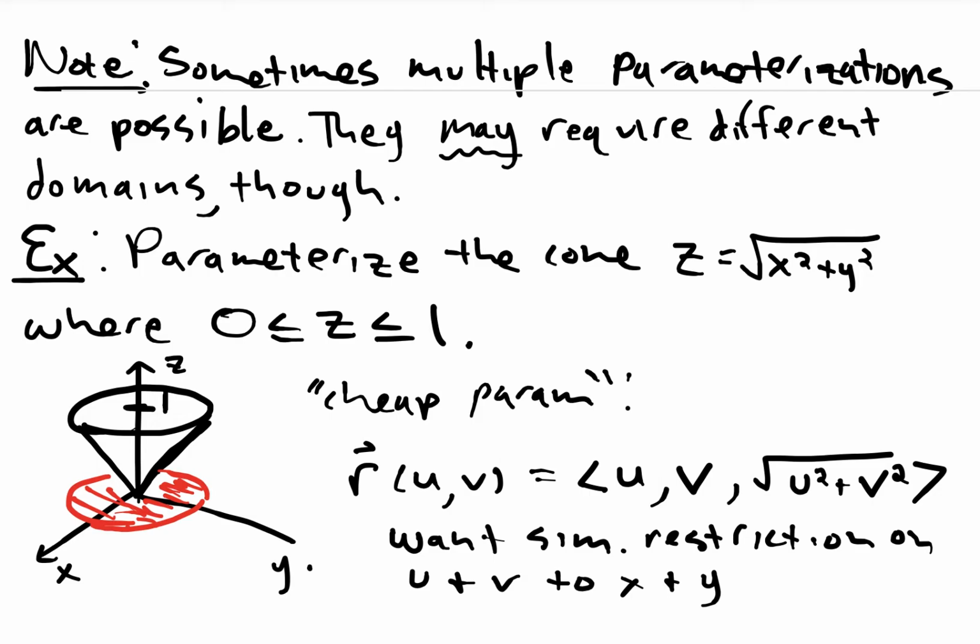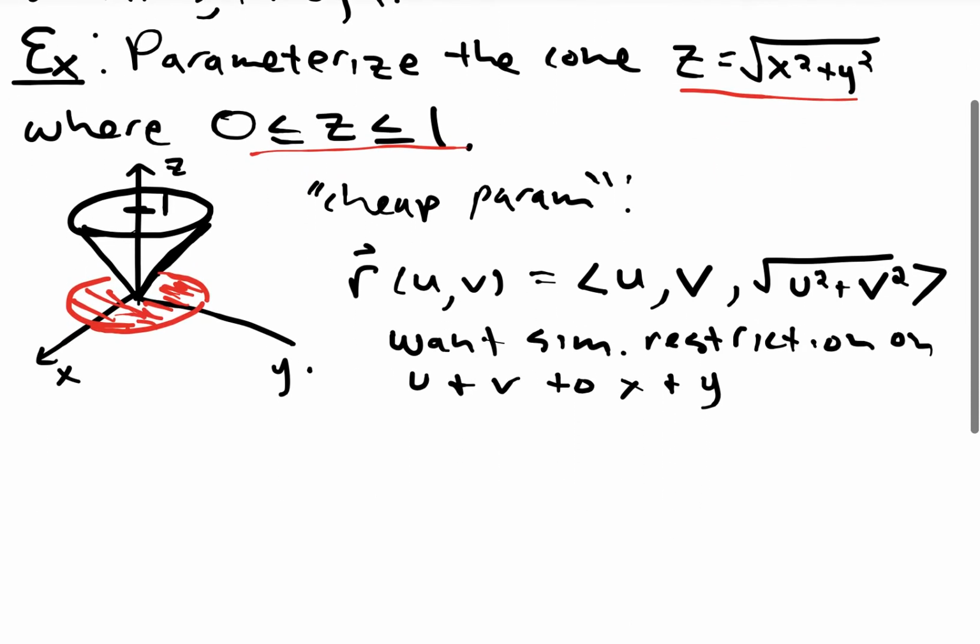Well, let's think about putting these bits of information together. We are told that we wanted this cone, z equals the square root expression, to have the restriction that z has to be between 0 and 1. Notice if z has to be between those things, that means this expression has to be between 0 and 1.